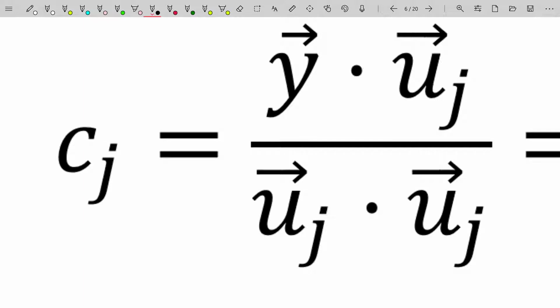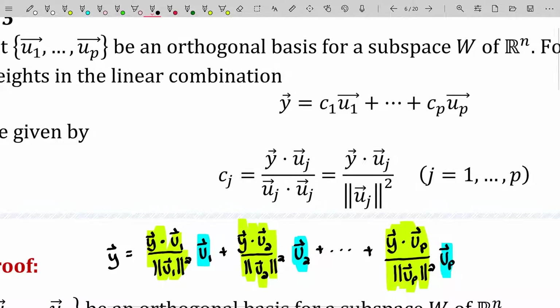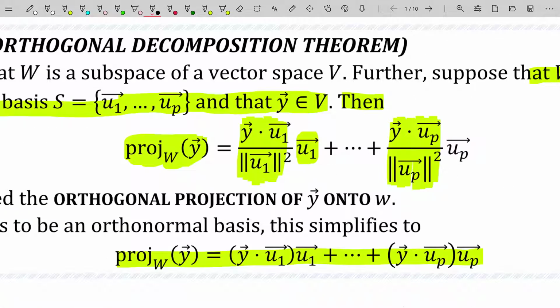And yes, that is the coefficient of the projection of y onto the subspace spanned by the u sub jth basis vector. And as such, taking into account what we have just learned from a recent theorem, by that theorem, if y is in W, then y is equal to this linear combination, which means that y is equal to the projection of y onto W, which should make sense because y is already in W, so it is its own shadow.